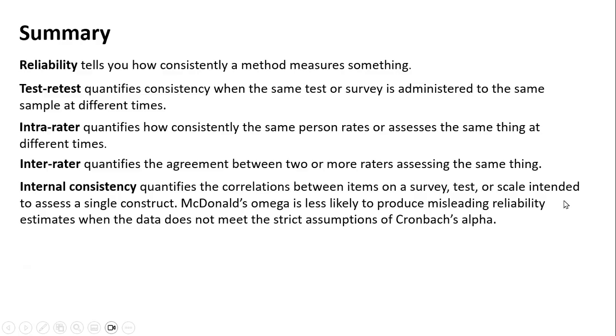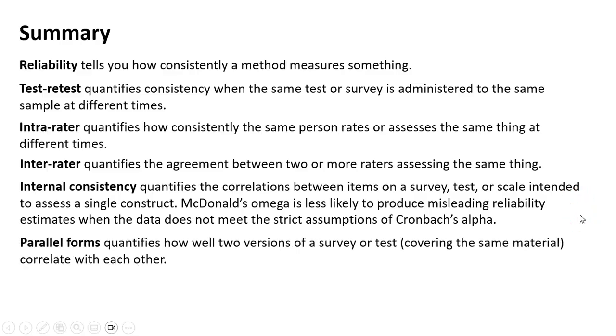McDonald's omega is less likely to produce misleading reliability estimates when the data does not meet the strict assumptions of Cronbach's alpha. Parallel forms quantifies how well two versions of a survey or test covering the same material correlate with each other.